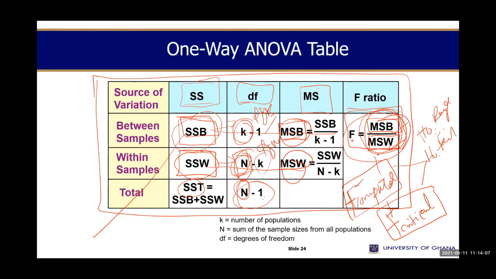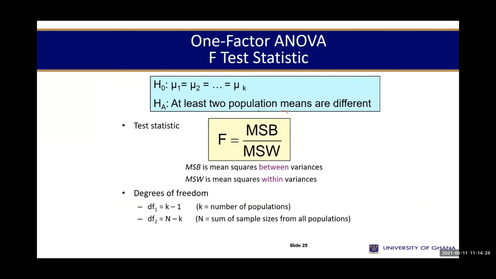So the whole crux of our discussion is to be able to either say that we are rejecting the null hypothesis, or we are failing to reject the claim that has been put forward, by using the F ratio. And this is the F ratio as I indicated earlier.